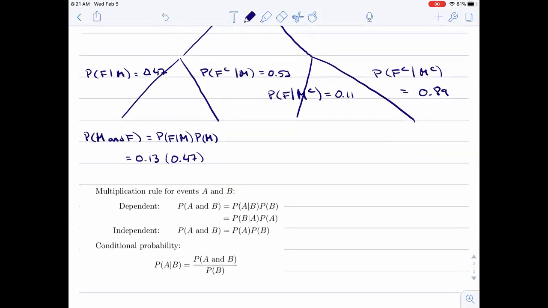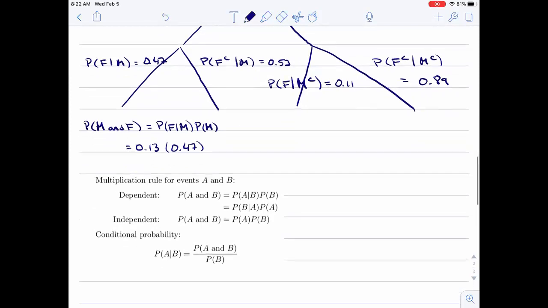So 0.13 times 0.47, I get a probability of 0.0611.